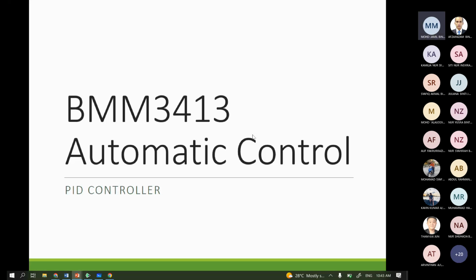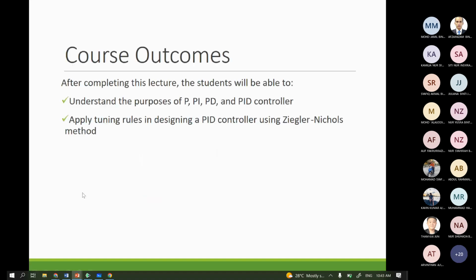Similarly, the PID controller's function is about the same, but the difference is that it has three different types of controller used together, which are P, I, and D. After completing this lecture, you will be able to understand the purpose of P, PI, PD, and PID controller, and then apply tuning rules in designing a PID controller using the Ziegler-Nichols method.